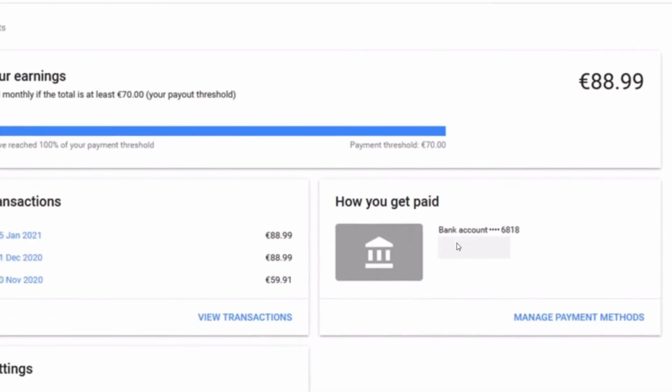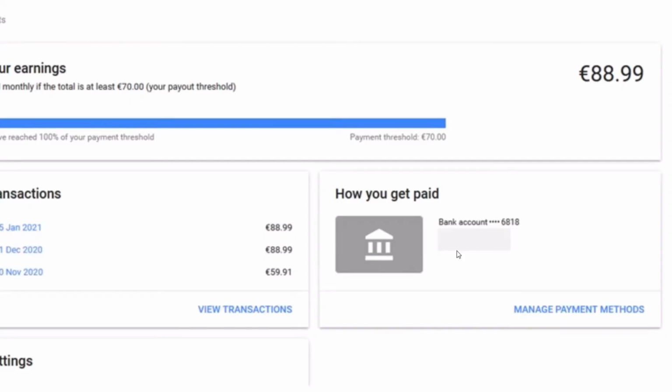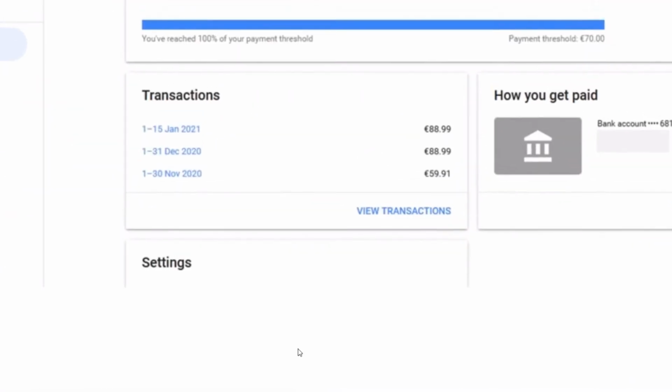You have to wait to receive the money in your bank account between the 21st and the 26th, if only you don't have any payment hold, of course.